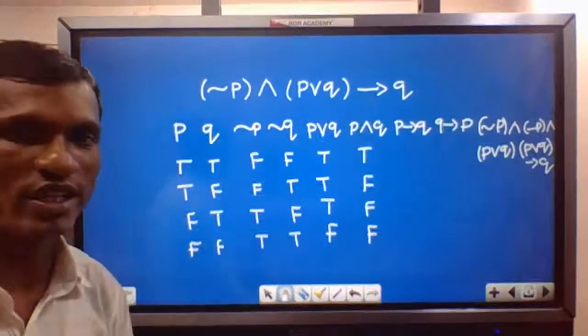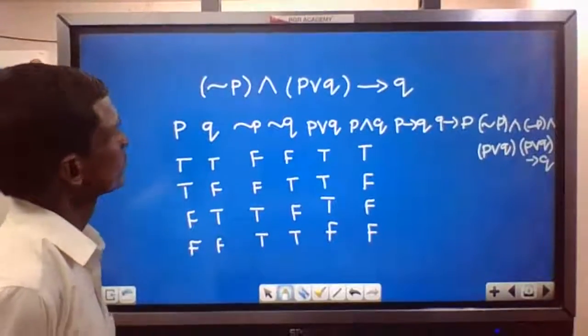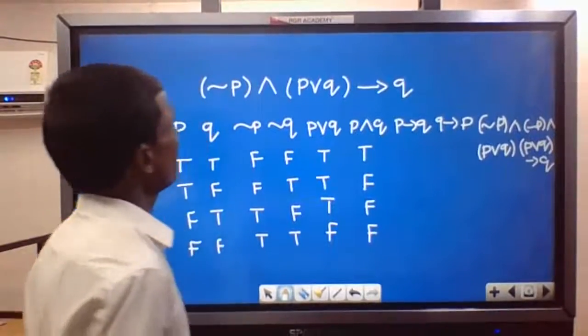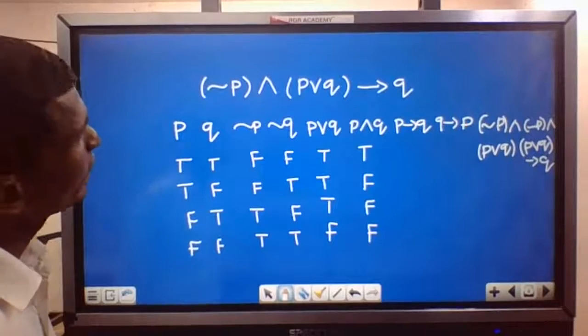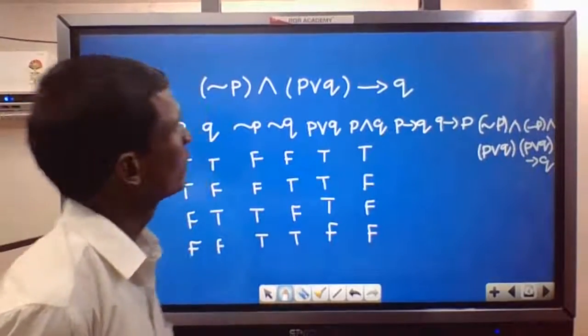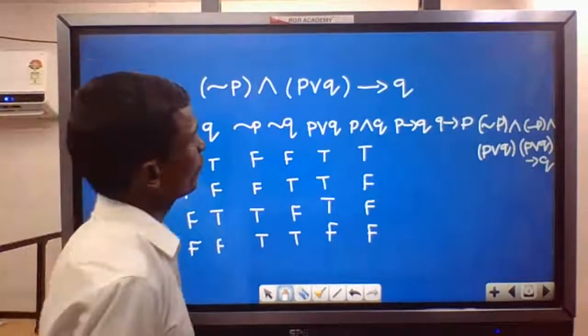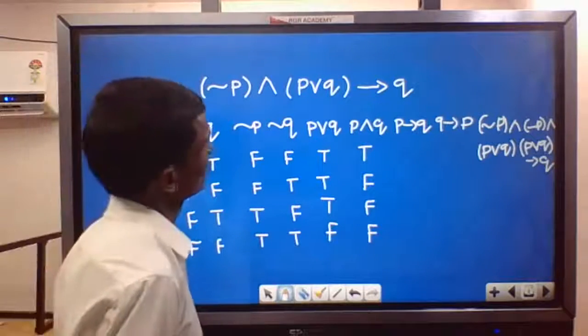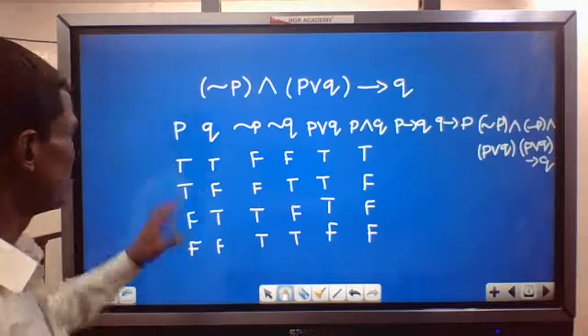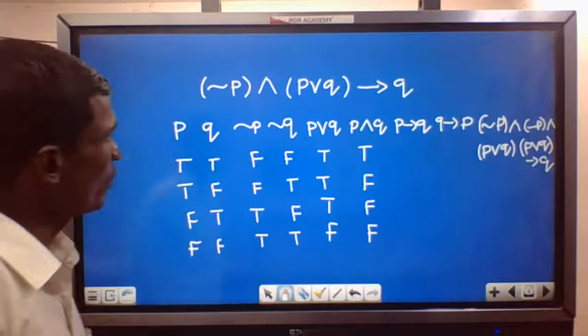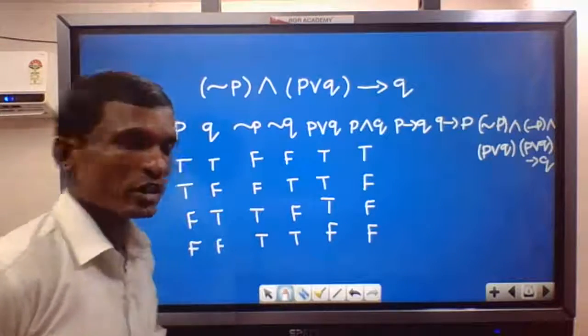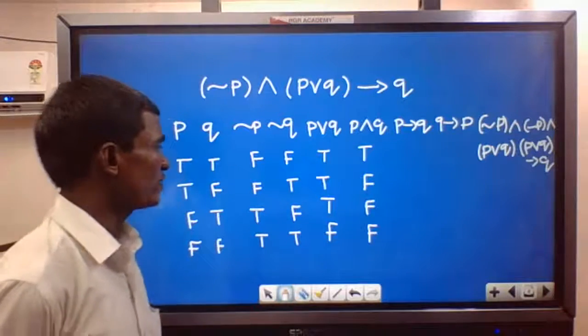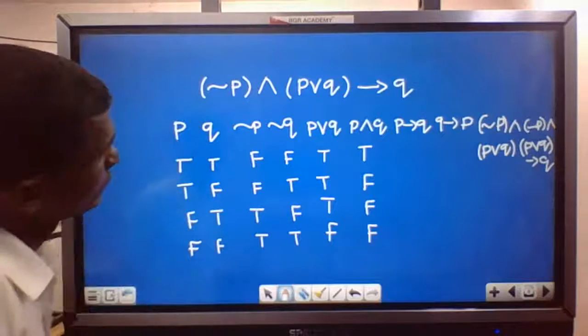We understand the negation of P AND the bracket of P OR Q. Taking the first two inputs, the negation of P is false, false, true, true.